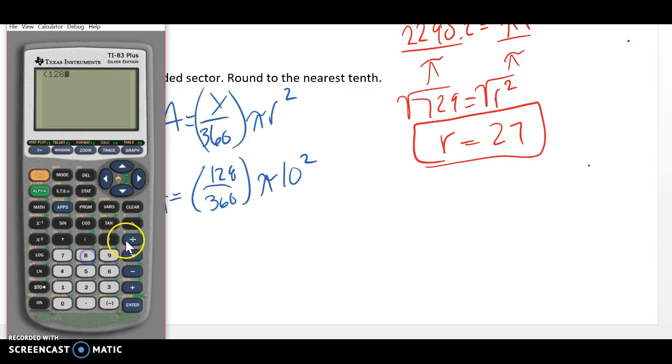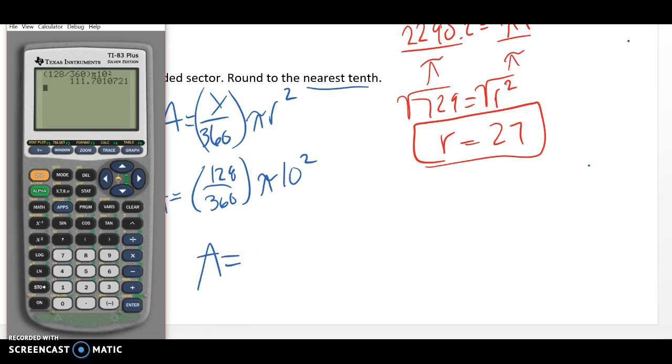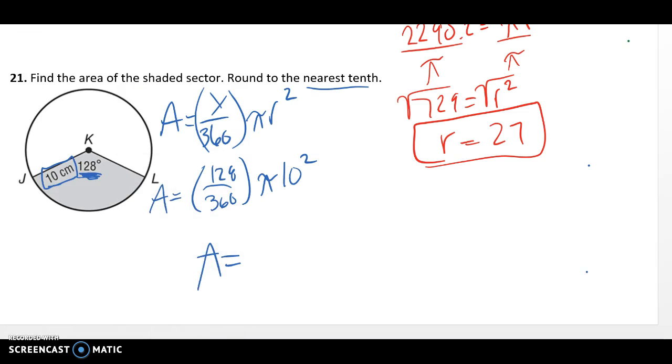So we can put 128 divided by 360 times pi times 10 squared. It looks exactly how it looks right here on this line, everything on one line. And it says round to the nearest tenth, so area equals 111.7. And we're in centimeters, and every time when you're talking about area, the units will be squared.